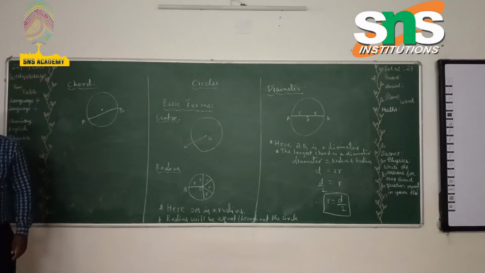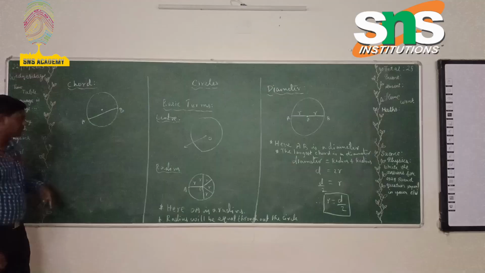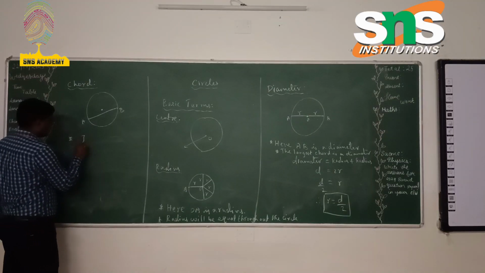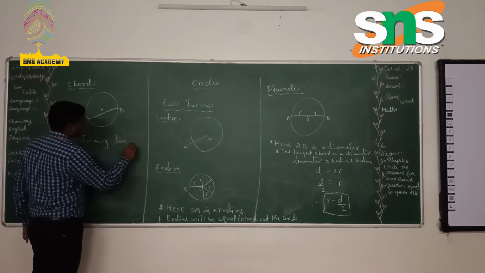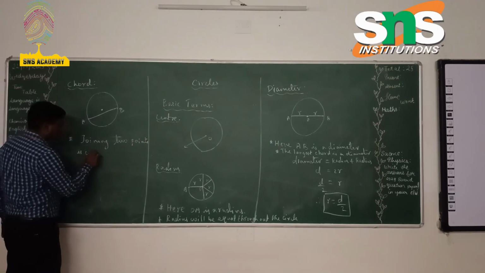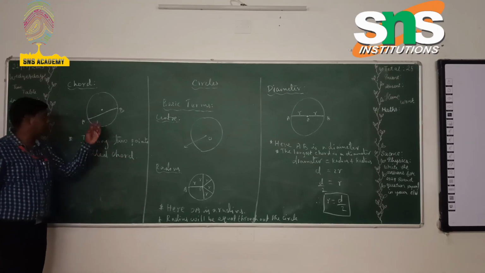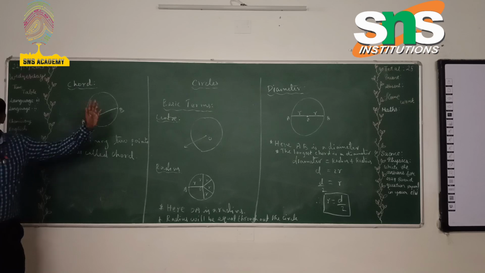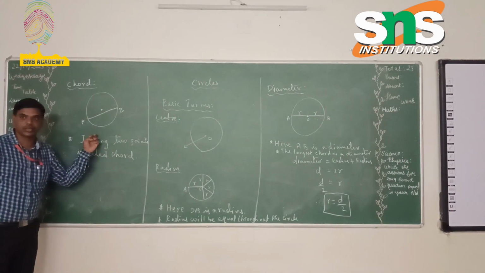Joining two points on the circle is called a chord. Here we can draw many chords according to where the points are placed. You understood what is meant by chord? Any doubt in this?